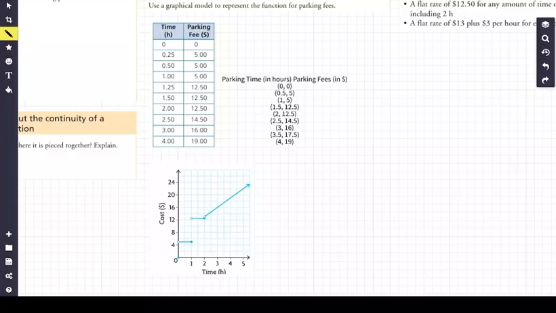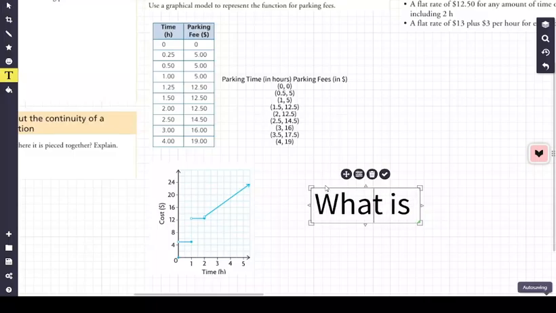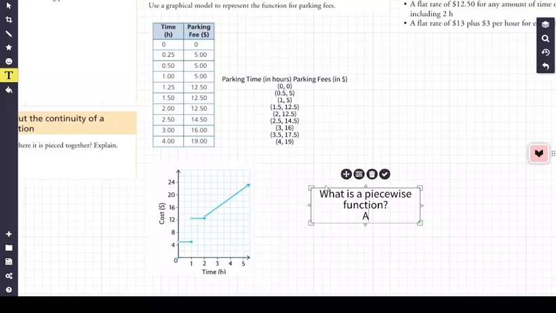Let's go ahead and introduce ourselves to the actual formal definition of a piecewise function. So what is a piecewise function? Well, a piecewise function is a function defined by using two or more rules on two or more intervals.